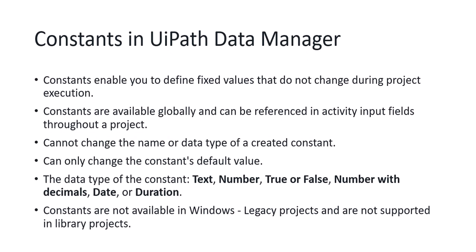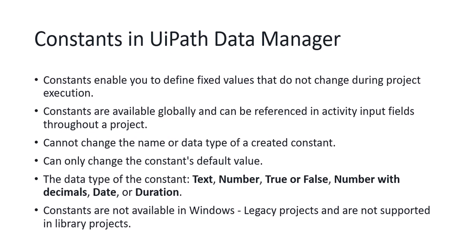UiPath may enhance them in future releases. Constants are not available in Windows legacy type of project and are not supported in the library project. So in library projects and Windows legacy projects, there is no support for the constant variable, and you cannot use that constant feature in those types of projects.